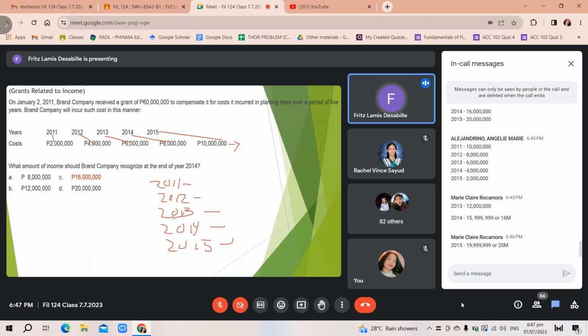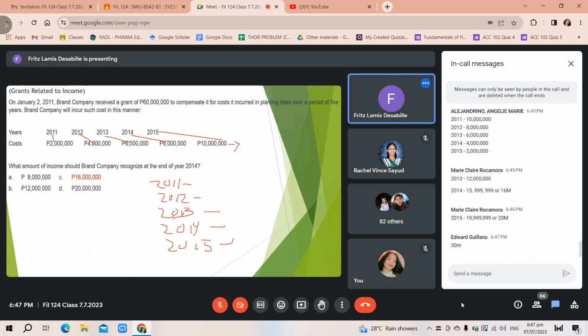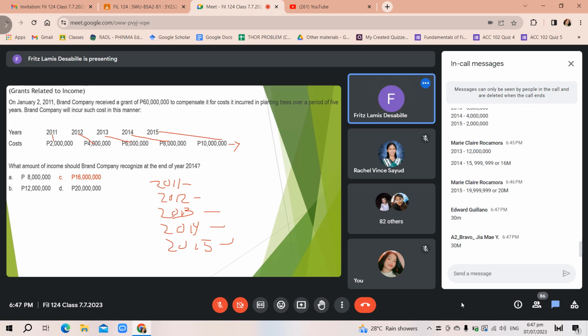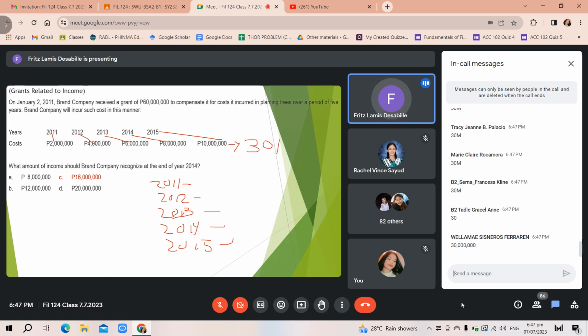Open your mic or type. 30 million. 10 plus 8, 18 plus 6, 24 plus 4, 28 plus 2, 30 million. So 30 million ang total nga na-expense, correct? Agree? 30 million na itong total na expense over 5 years.